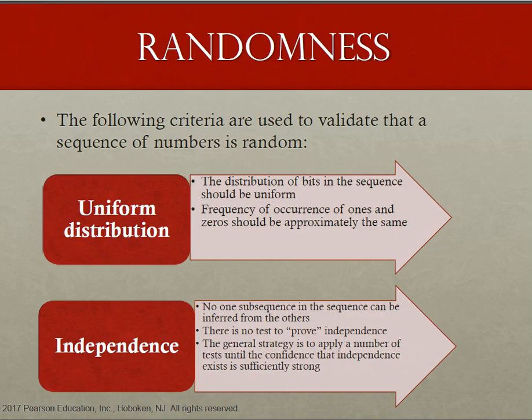Rather, a number of tests can be applied to demonstrate if a sequence does not exhibit independence. So the general strategy is to apply a number of such tests until the confidence that independence exists is sufficiently strong. So that is the key factor here also, independence.